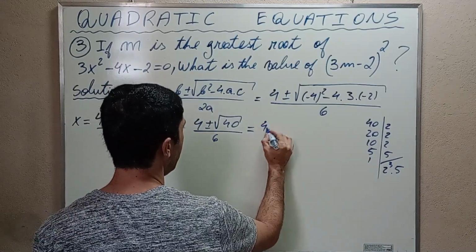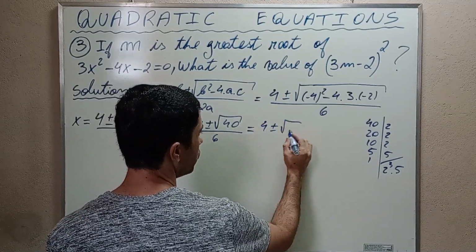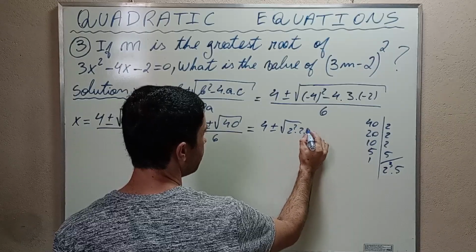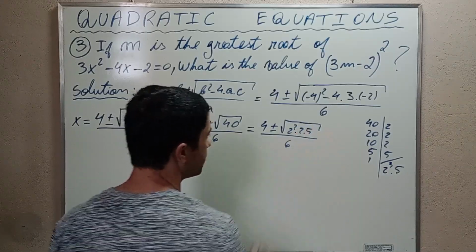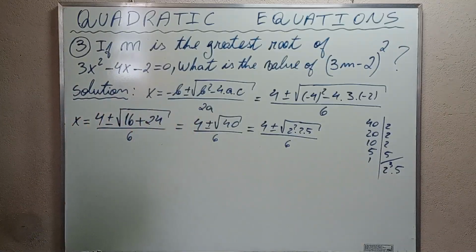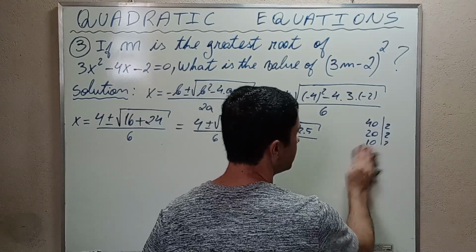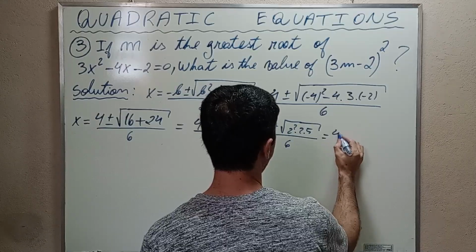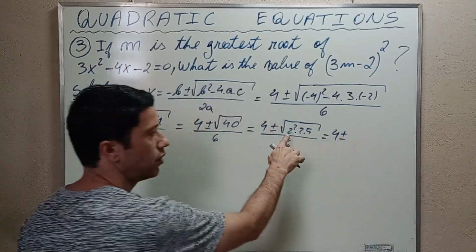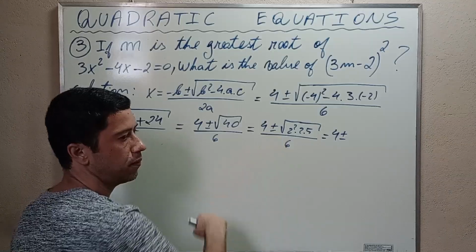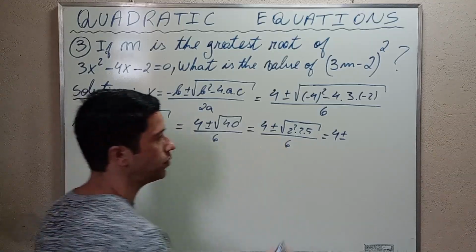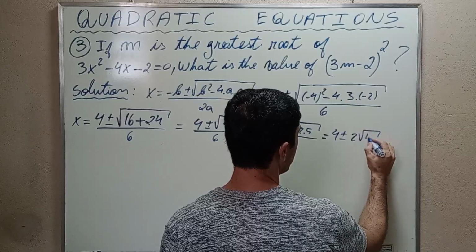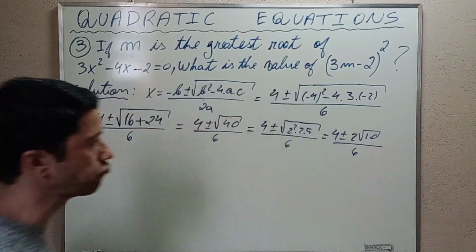This is equal to 4 plus minus the square root of 2 squared times 2 times 5 divided by 6. And now, continuing working on this exercise, it is equal to 4 plus minus this 2 squared here. I pass outside of the root. 2 times the square root of 10 divided by 6, okay?